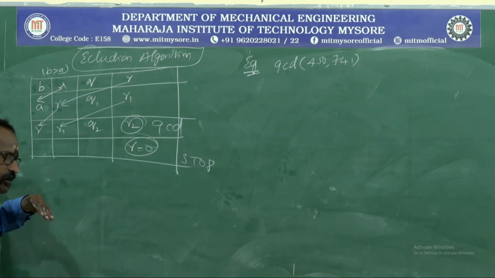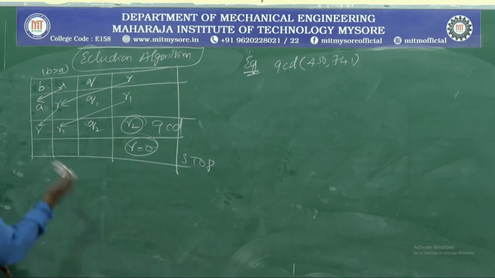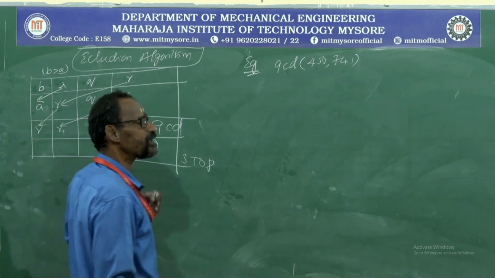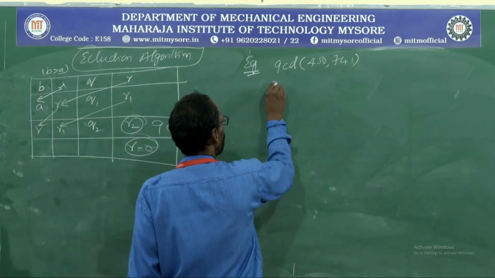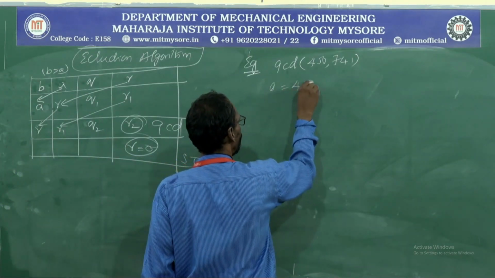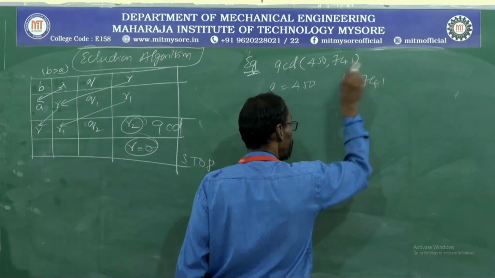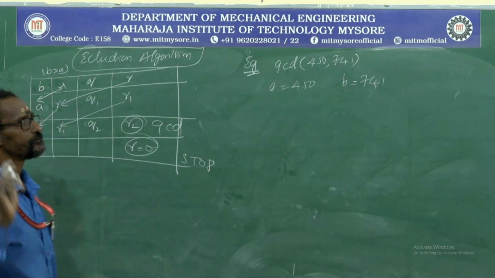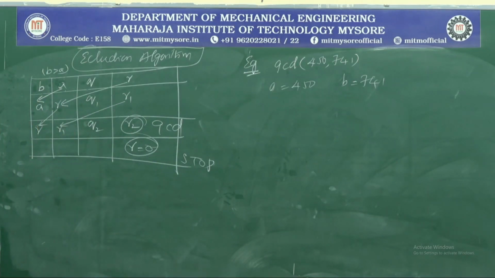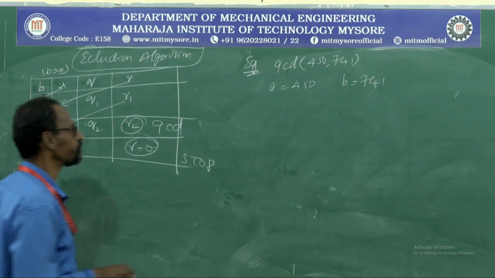You better move towards the Euclidean algorithm, which works because of the division algorithm. Now what is the smaller value? 450. What is the bigger value? 741. Always start with this. Take the smaller number, call it A. Take the bigger number, call it B. This is how the problem always starts.